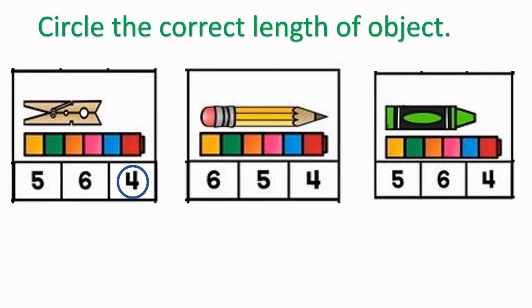So the measure of one pencil is equal to 6 blocks. Find out the measure of the crayon using blocks. So the measure of one crayon is equal to 5 blocks.